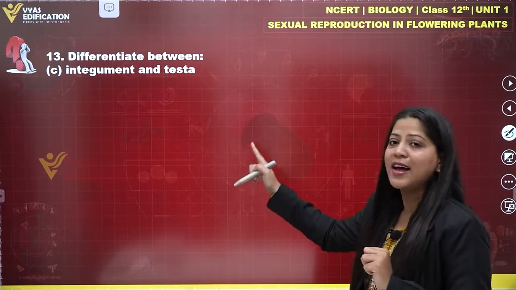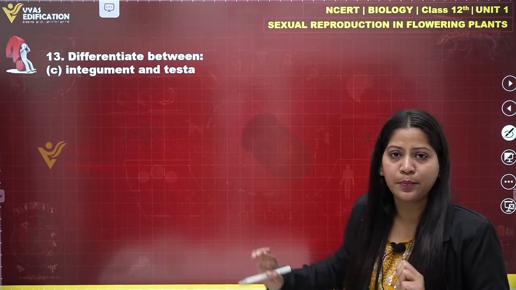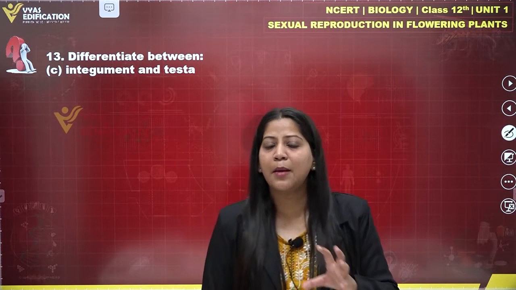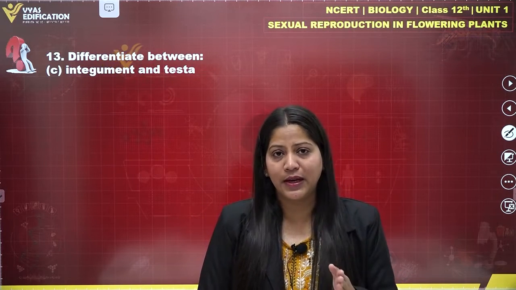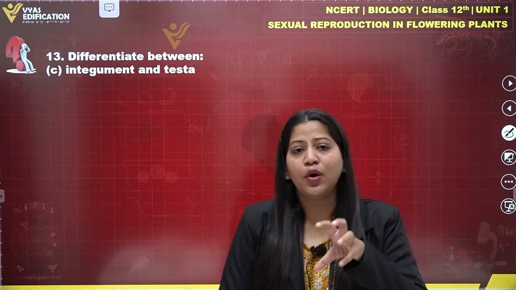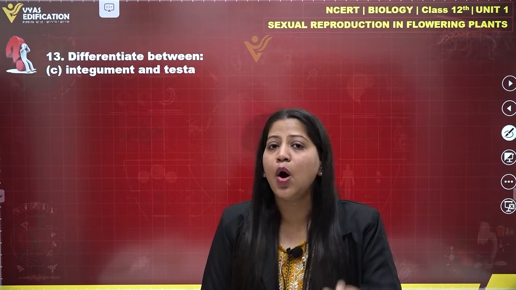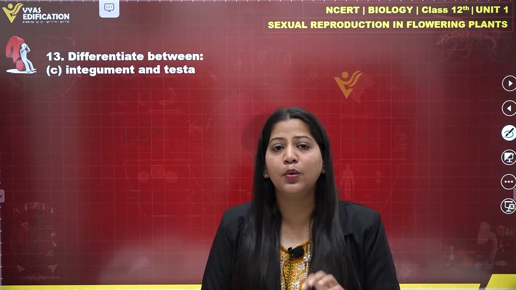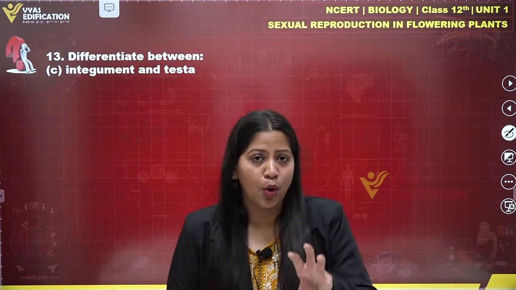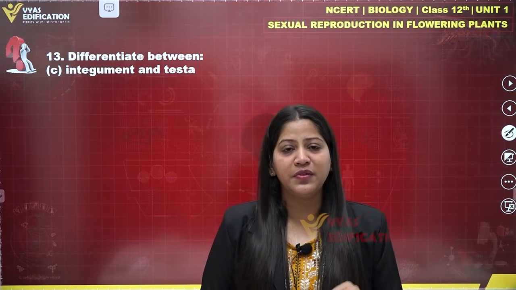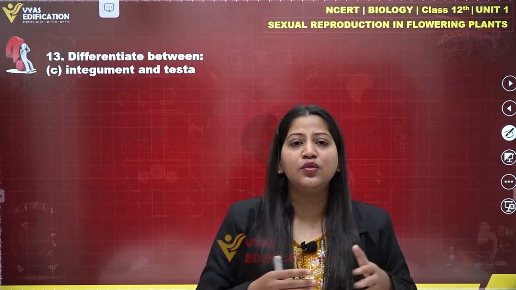Although this testa has been made from the integuments only. After fertilization, what happens in a flower of angiospermic plants? What happens to the ovule? That ovule along with its integuments converts into seed and its seed cover. The ovule converts into seeds.